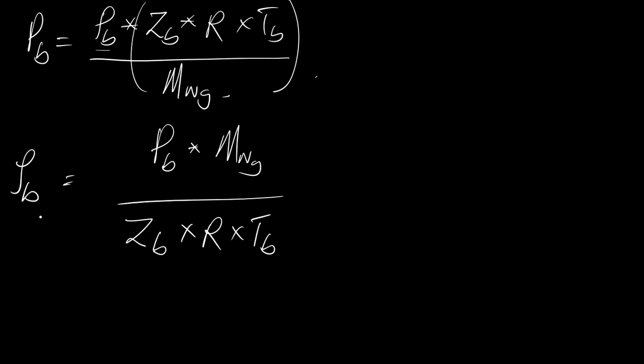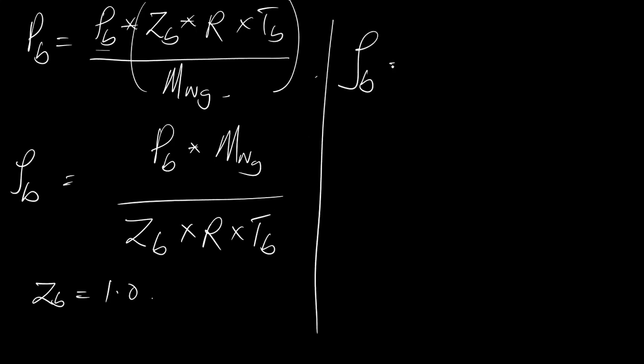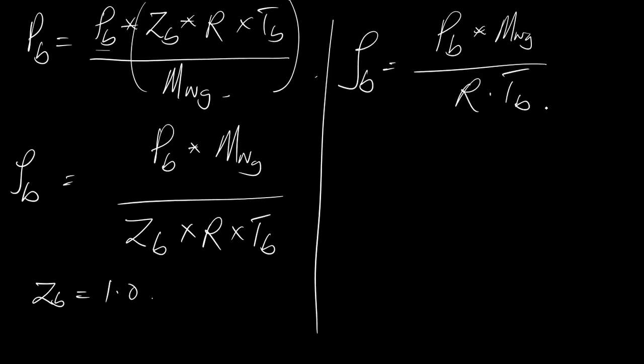Now with this whole expression, we can reduce it further since the compressibility factor at standard condition is approximately equal to 1.0. We now have the density at standard condition equal to the pressure at standard condition times the molecular weight of the gas, divided by the gas constant times the temperature at standard condition, which is the base temperature.